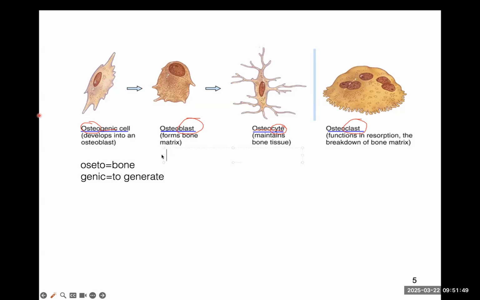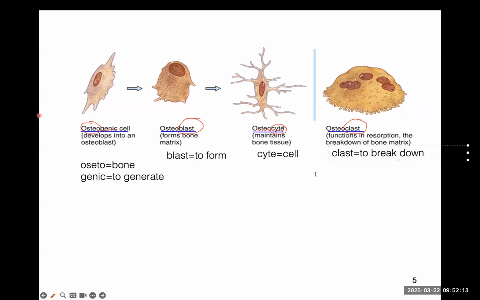And then we have osteoblast. Blast means to form, and then we have osteocyte. Cyte means cell, and then we have osteoclast, which means to break down.